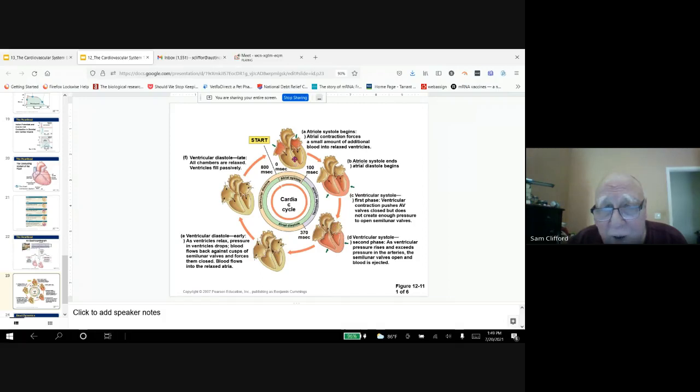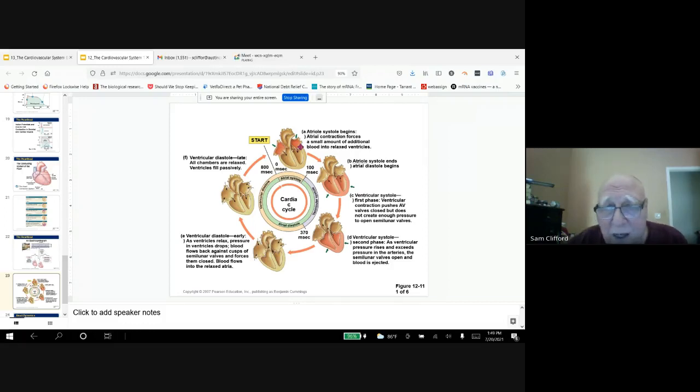So the point I've made over and over again, and I will continue to make, the heart has to fill from top to bottom. The atria have to contract first, then the ventricles receive that blood, then the ventricles contract next, and the process starts over again.